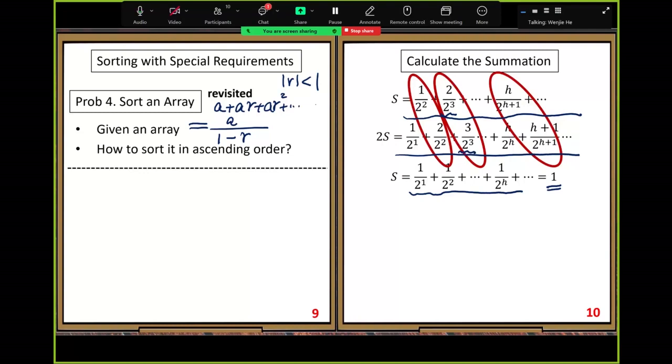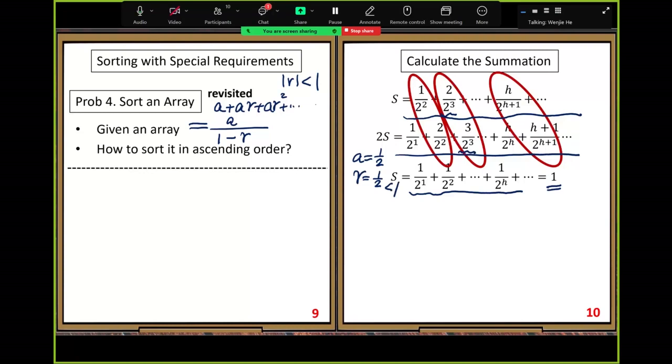Only when the absolute value of R is strictly less than 1 is the series convergent. Here our A, the first term, equals 1/2, and our R also equals 1/2. 1/2 is strictly less than 1, so we know this series is convergent.